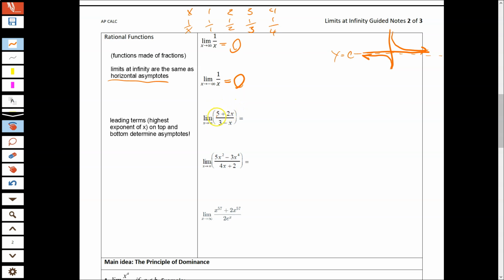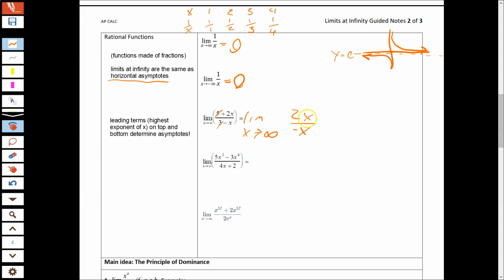So as x gets really big, this 5 and this 3 in this example don't really matter a whole lot. It's like if Jeff Bezos passed a dollar bill on the ground, he probably wouldn't bother to pick it up, right? Because this term is so much larger, but that 5 is really not contributing much to the whole value. Okay, so it's fair only when taking limits to infinity to rewrite this problem, if you want, as just 2x over negative x.